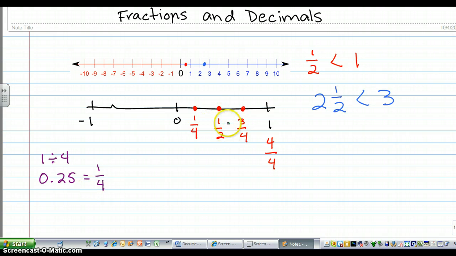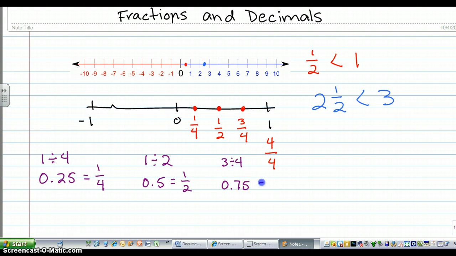Now a half you probably already know. But still, take your calculator, 1 divided by 2, and you're going to get 0.5. And 0.5 is another way of saying a half. And lastly, we have 3/4. So go ahead, plug that into your calculator. 3 divided by 4, and you get 0.75.